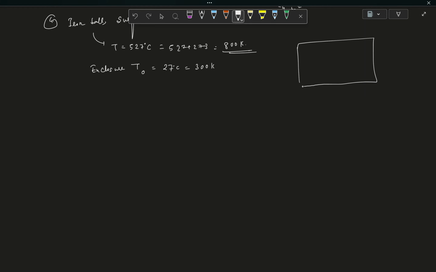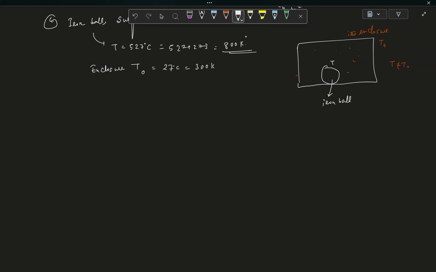So this is your box, at T naught temperature, and the ball is at T temperature. So T is not equal to T naught first of all.